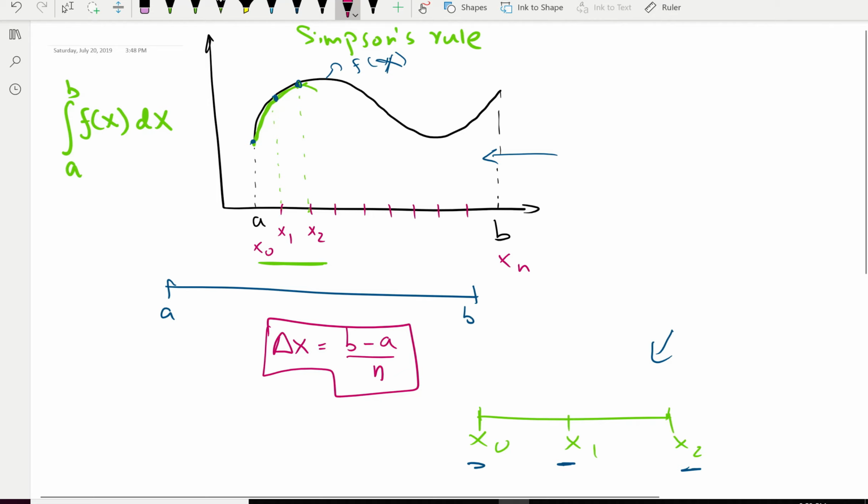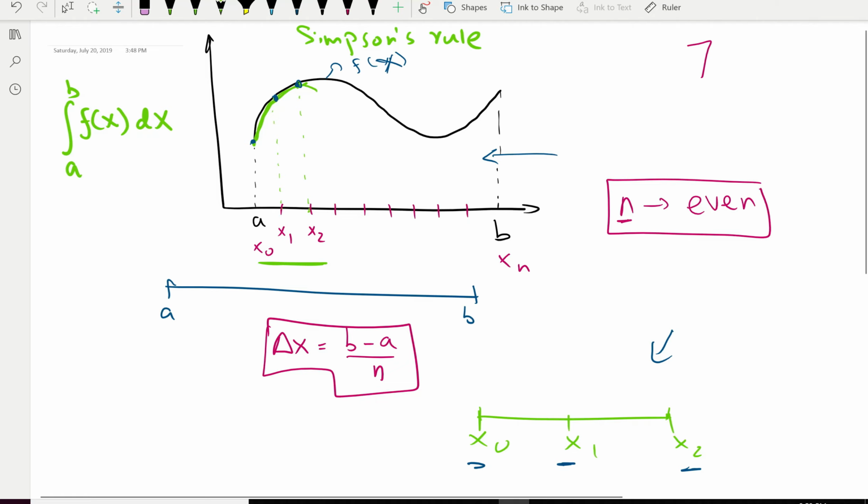One important thing: in Simpson's method, n has to be even. Can you think why? Pause the video and think. I think you will be able to guess it. We create parabolas over every two subintervals. So if n is odd, for example if you have 7 subintervals, then the first two subintervals have a parabola, the second two have a parabola, the third two have a parabola, and now you are left with one extra subinterval.